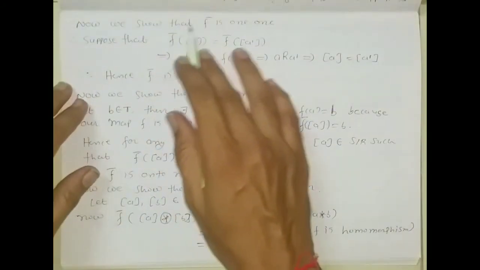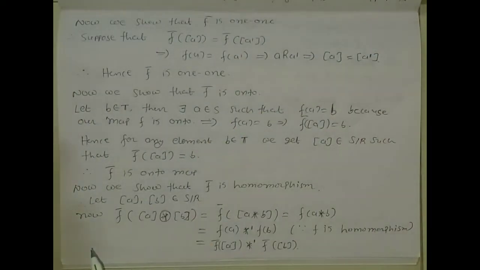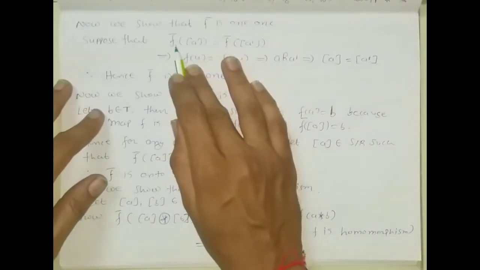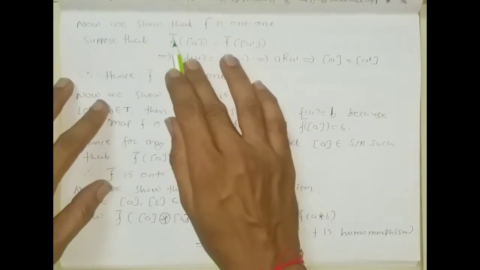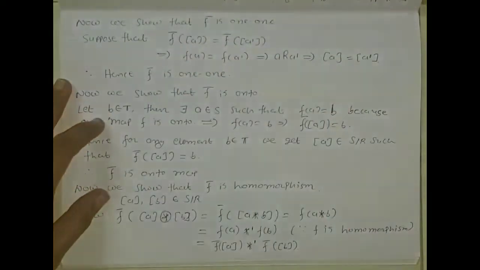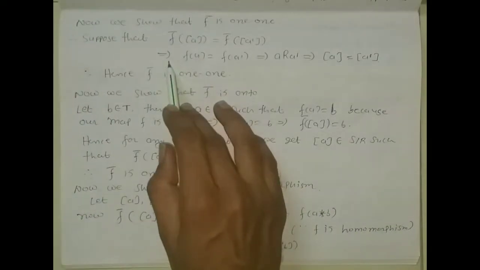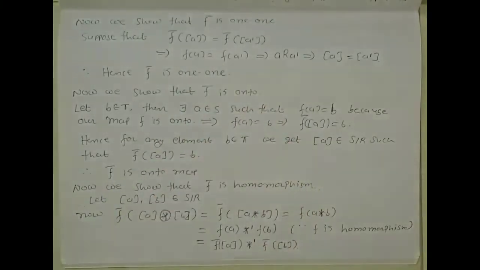Now we saw that F bar is 1 1, the reverse of well definedness. We have considered two images are same. F bar of equivalence class of A is equal to F bar of equivalence class of A dash. Two images are same. This implies that F of A is equal to F of A dash.